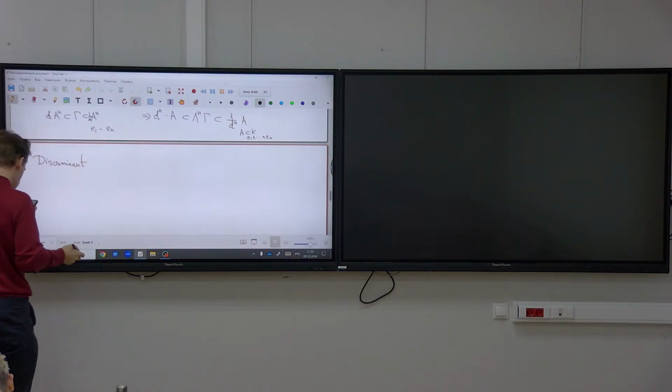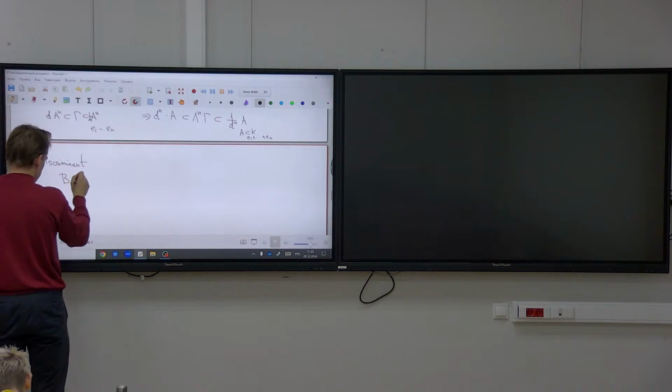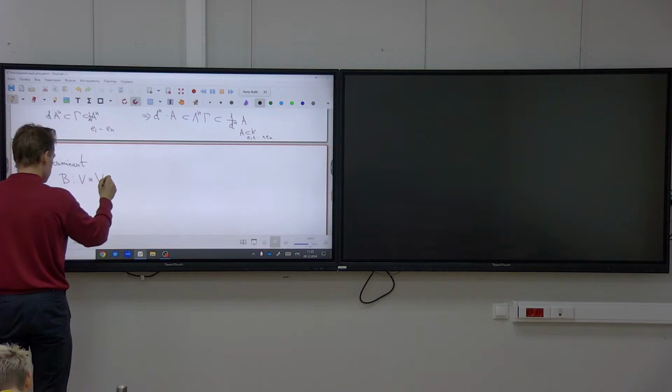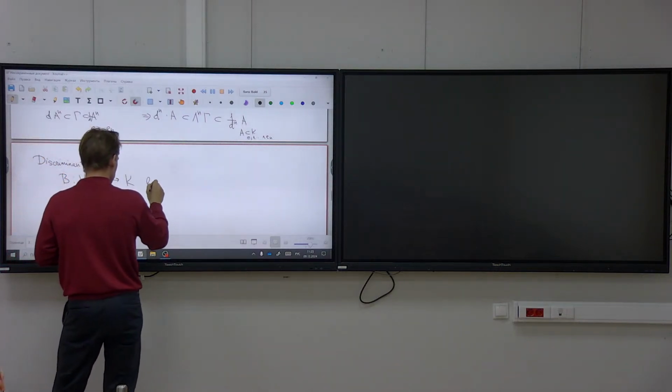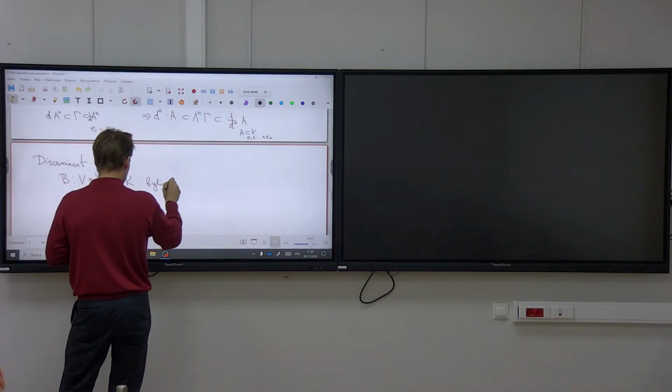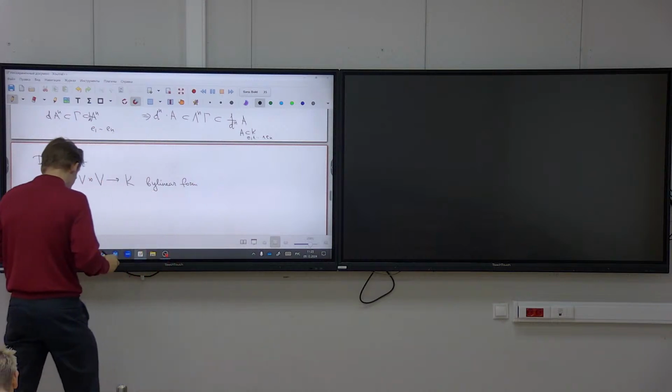In order to define the discriminant, we should consider a bilinear form. So given a bilinear form, you can also consider the following.